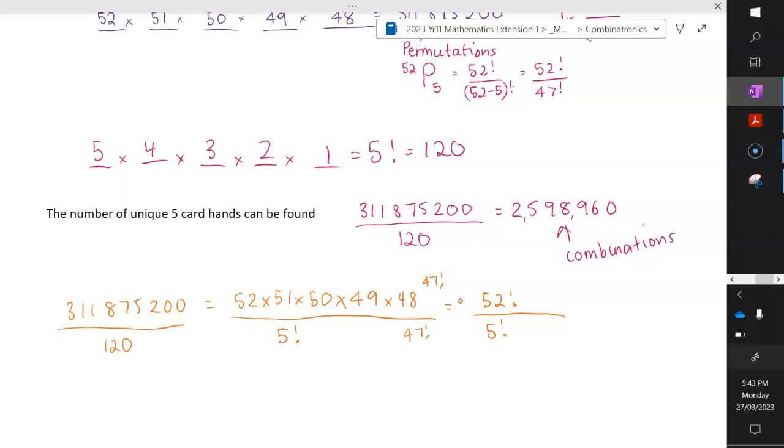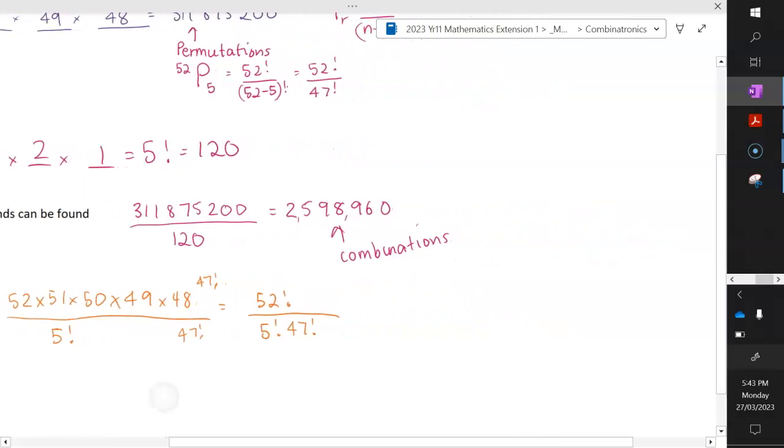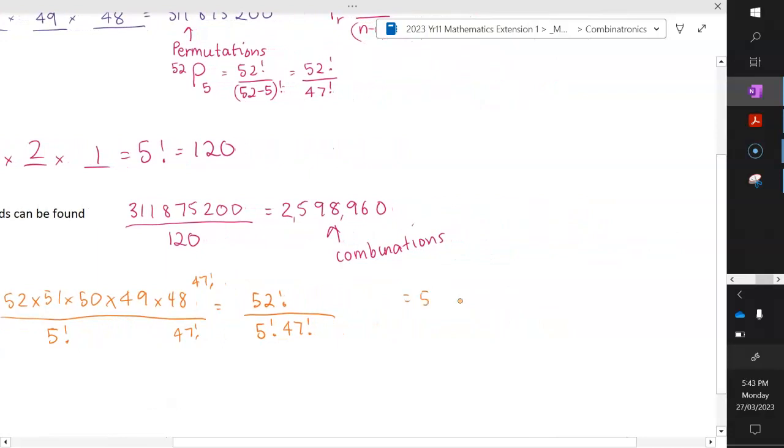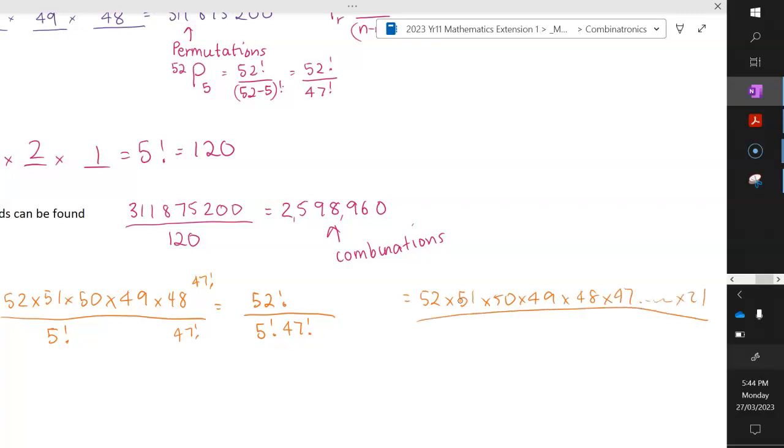So what I can do is pop a 47 factorial there. Let's pop it over here, just to show you in case you don't get this. If I had my 52 factorial on the top line, my top line looks like that. I've still got my 5 factorial there, and I popped a 47 factorial on the bottom line, which looks like this.